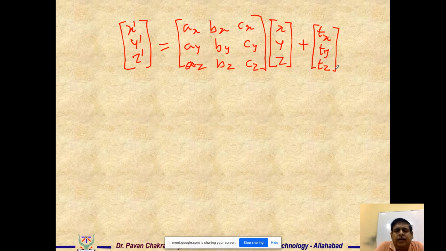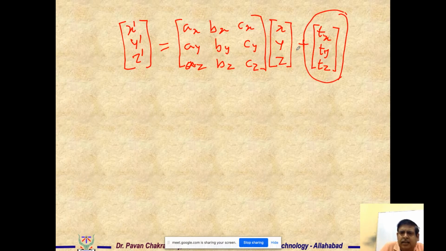Now you see here that this is a separate vector which has been added to the matrix multiplication. This is the normal transformation that you have. The translation does not come as part of this matrix, but it comes as an added term or an additional term. Now, just for the sake of argument, let me write the same equation in a different way.